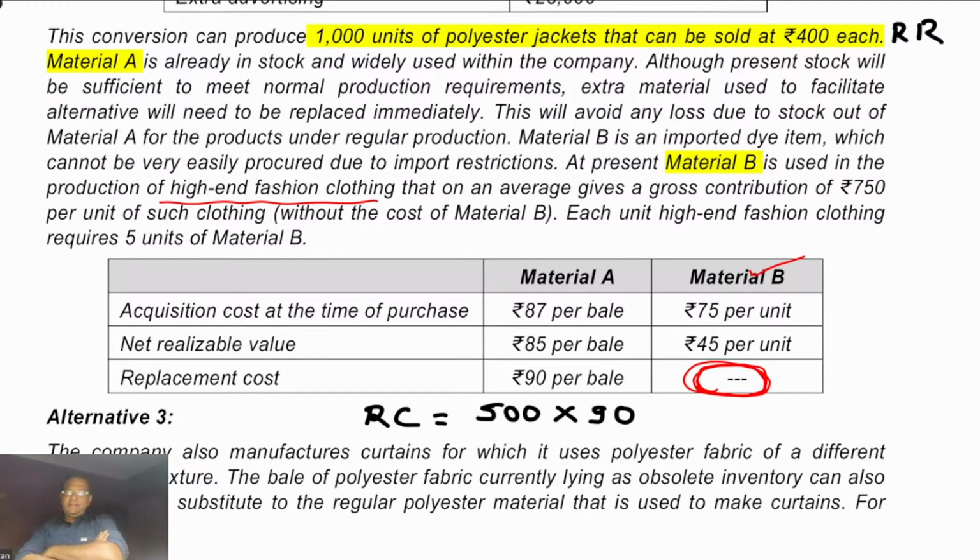Since material B is already being used in some other product manufactured by the company, therefore, it's a regular use raw material.